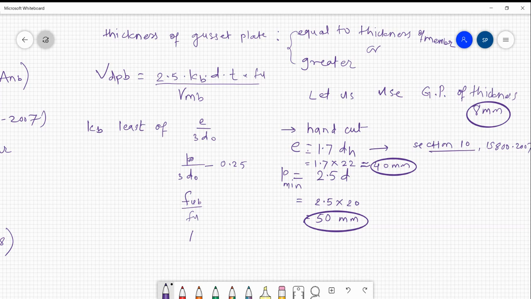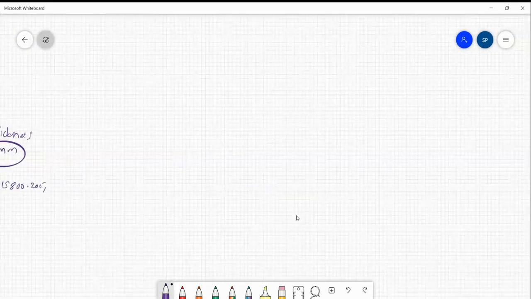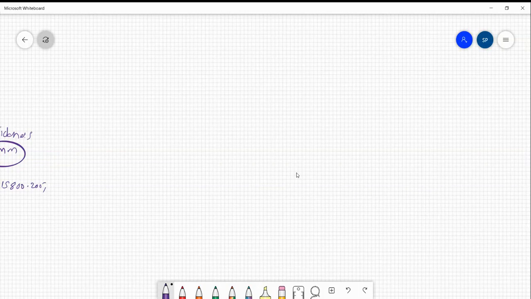So you will be calculating now E upon 3D0. Then P upon 3D0 minus 0.25. Then FUB upon FU, and it is to be compared with 1. So minimum of all this, that will be the value of KB. So E upon 3D0 appeared to be 0.606. Then P upon 3D0 minus 0.25 comes out to be 0.507.